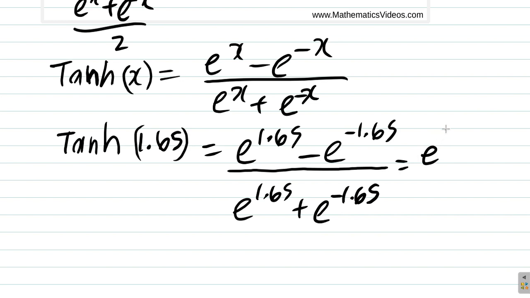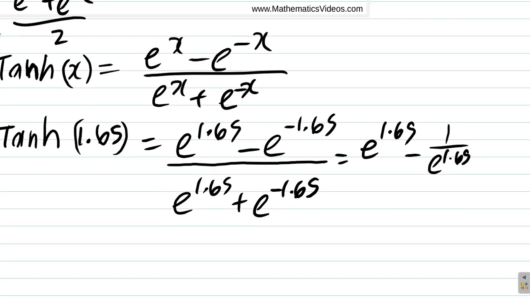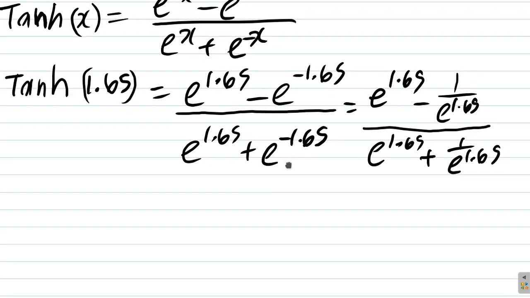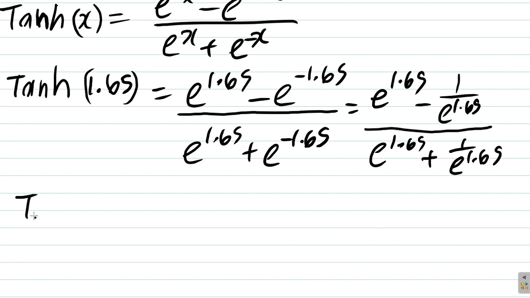So you have e to the 1.65 minus 1 over e to the 1.65, divided by e to the 1.65 plus 1 divided by e to the 1.65. Now, therefore, the tanh of 1.65 is equal to, let's see how we can work this thing out.